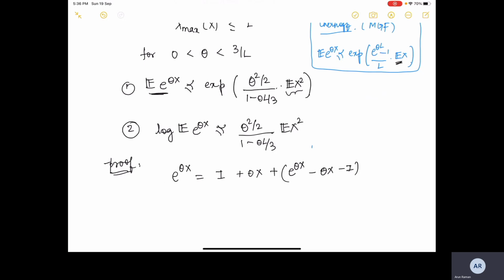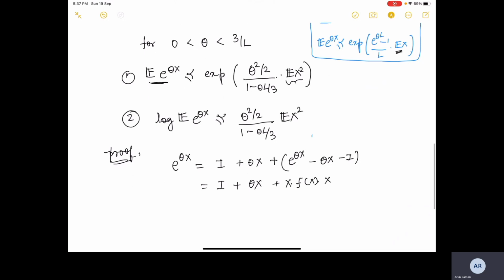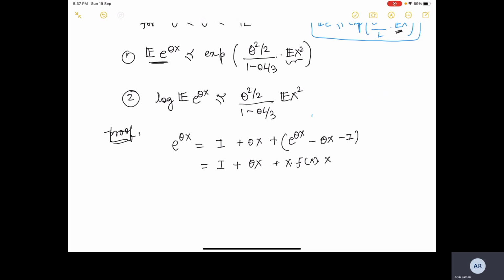We can write it like this, and then we define a function f of x on the real line.